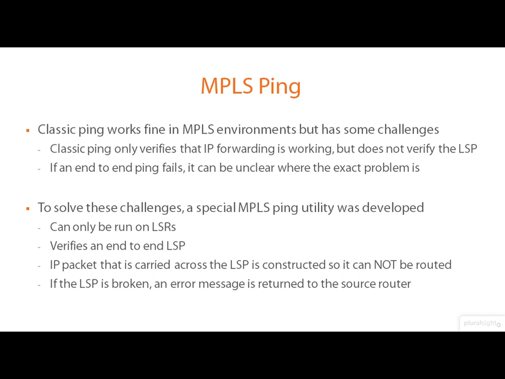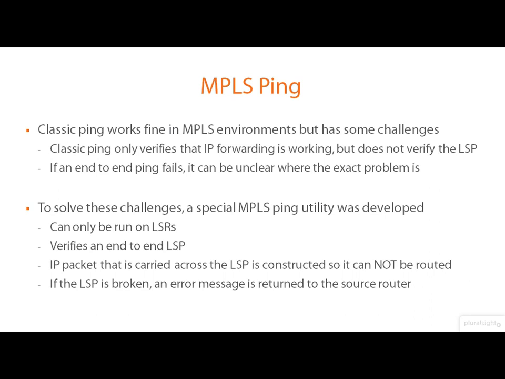When it generates the ICMP packet and puts it inside the IP packet, that IP packet is generated with some safeguards, so that if the LSP is broken, that underlying IP packet will never be routed. So if I'm on an LSR and I do an MPLS ping, I'm generating an IP packet that's then put inside an MPLS packet.